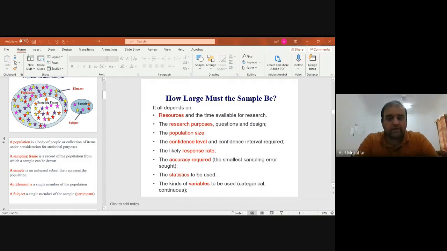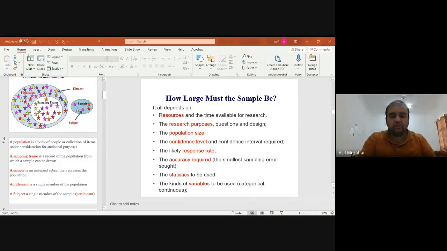But one thing is there: we need to know how many students should be there in the sample, first of all. And the second thing is, what should be the type of students?